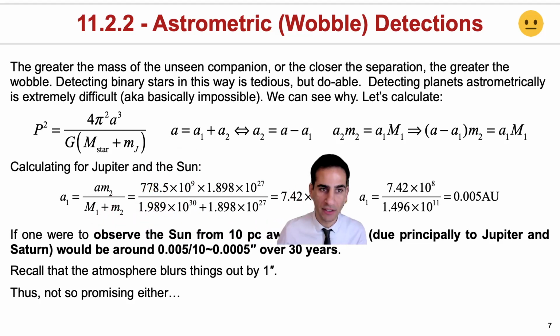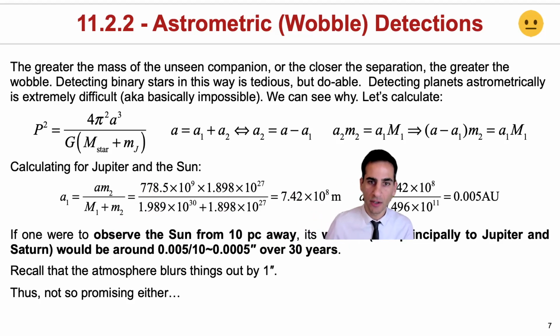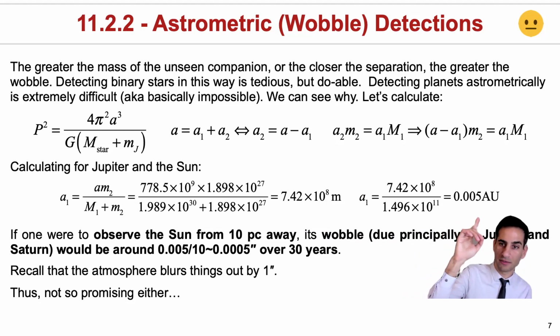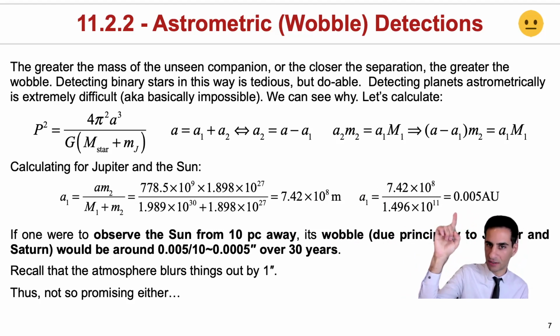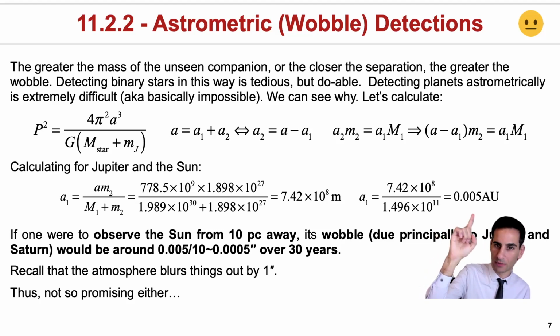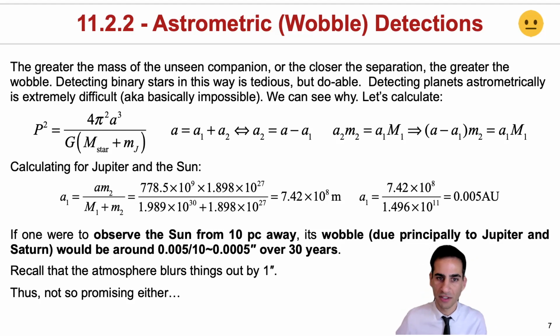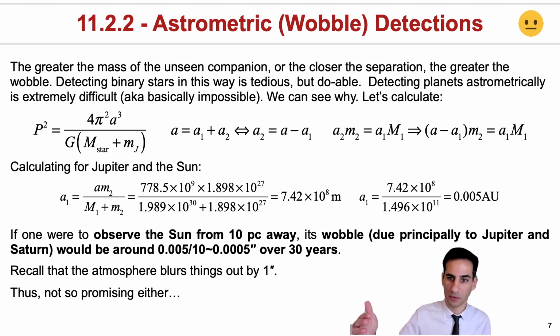Now, if we calculate this for Jupiter and the Sun, we can find it in meters, or perhaps more valuable, in AU, and realize that this is a really, really small value. Now, imagine that we are observing the Sun essentially from 10 parsec away. That would be a relatively nearby system.